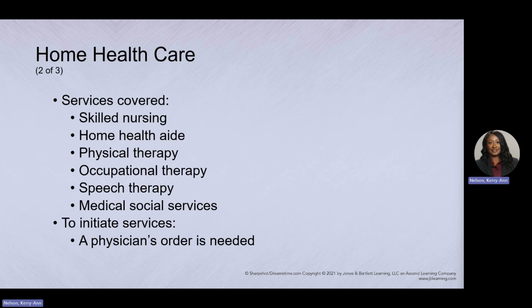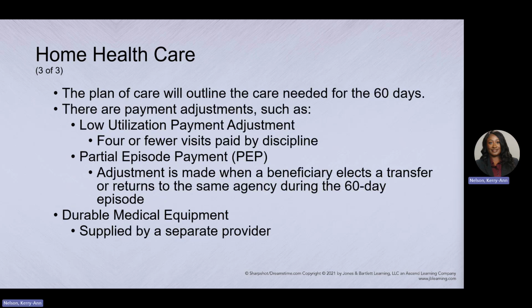Under home health care, some services that are offered are skilled nursing, home health aide, physical therapy, occupational therapy, speech therapy, and medical social services. To initiate these services, a physician's order is needed. The plan of care will outline the care which is needed for the 60 days.